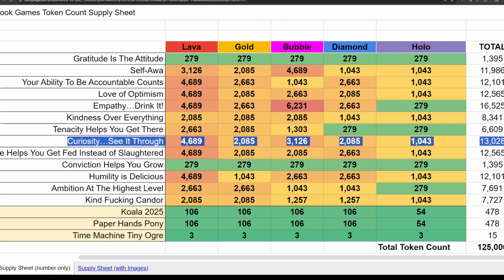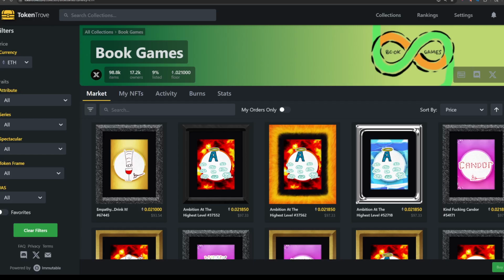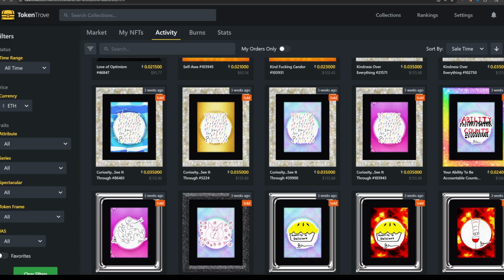Curiosity, 13,028. Okay, we have one of each color except lava, sold for $155. And then an ability rainbow hollow for $106. Nice.